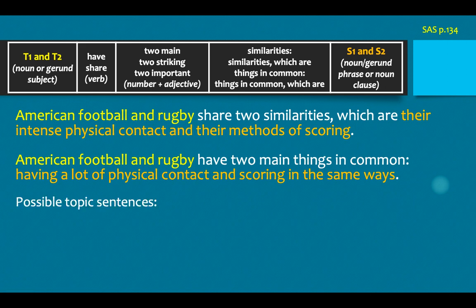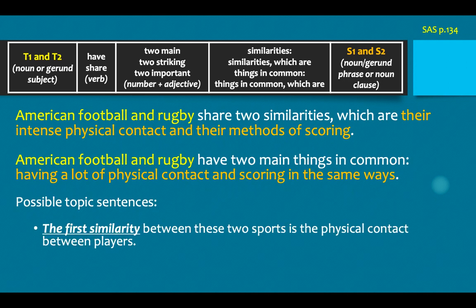Let's look at the topic sentences that could come out of these thesis statements. For the first body paragraph, we might say this. The first similarity between these two sports is the physical contact between players. Now, I'm saying these two sports because this sentence comes right after this sentence in the essay.